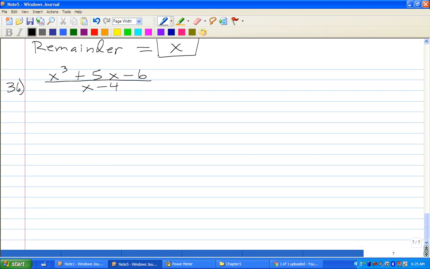So let's divide x cubed plus 5x minus 6 by x minus 4. First thing is to note that I don't have an x squared term here, so let me put a 0x squared as a placeholder for the missing x squared term.